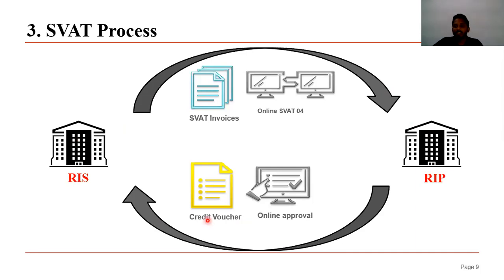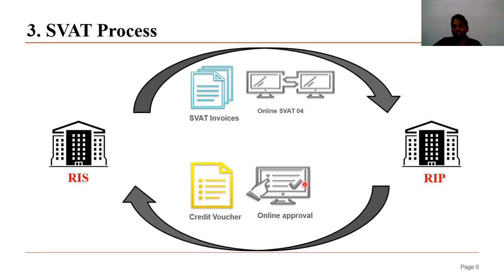Then the RIPs will get credit vouchers from IRD. IRD will issue 50 credit vouchers, or based on their previous transactions, the department sometimes will issue 100 credit vouchers or else 150, depending on the company's transactions. Then based on the credit vouchers available, they will allocate a credit voucher for each supplier separately.